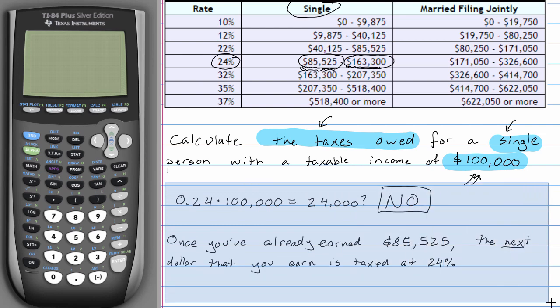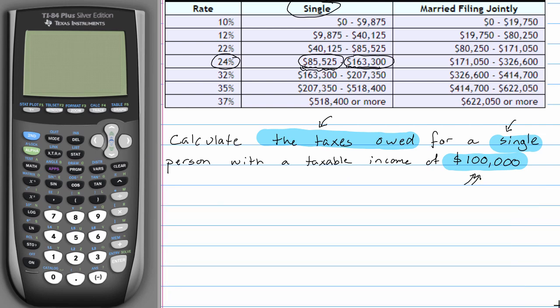I'm going to get rid of this part so that we can have the tax table and our work on the page at the same time. So, our character here is in the 24% tax bracket. That means that part of their income is taxed at 10%.